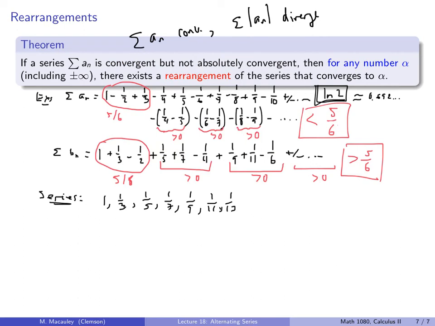And then let me write down the negative terms: -1/2, -1/4, -1/6, -1/8, -1/10, -1/12, etc.